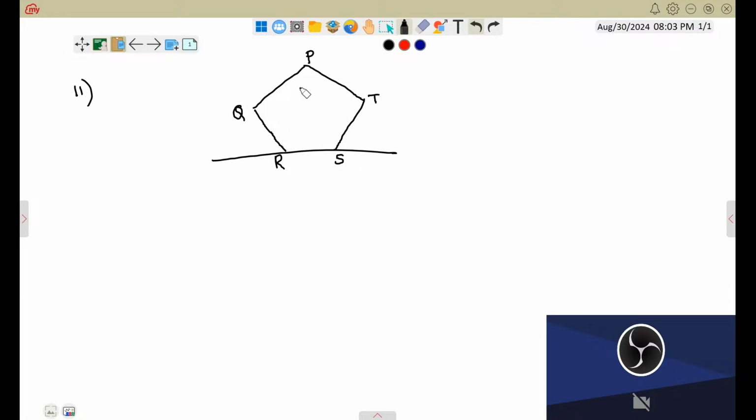The angles are given as P is 40 degrees, Q is y, T is also y, the external angle of R is 60 degrees, and the external angle of S is 80 degrees. Here you have to find the y value.